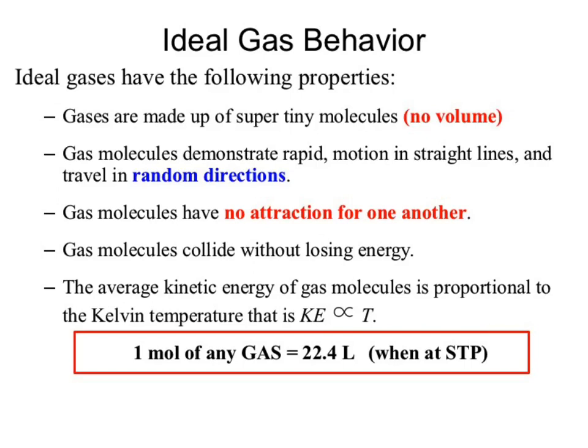What is our standard temperature? So room temperature, right? That makes sense, because that's where we do our experiments. Room temperature, which is ballpark 20 to 25 degrees Celsius. What is standard temperature? Zero. 0 degrees Celsius.